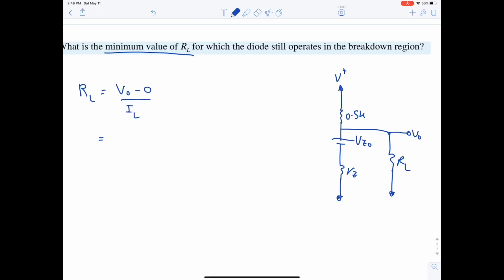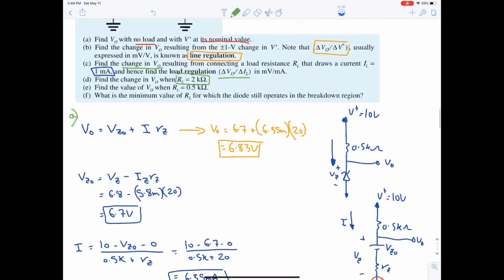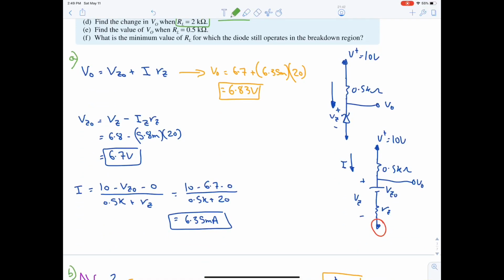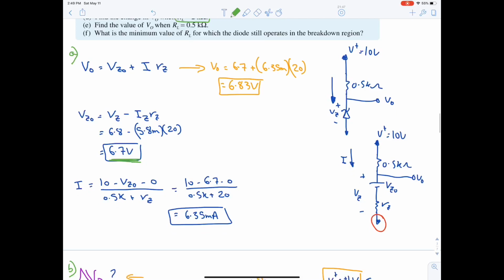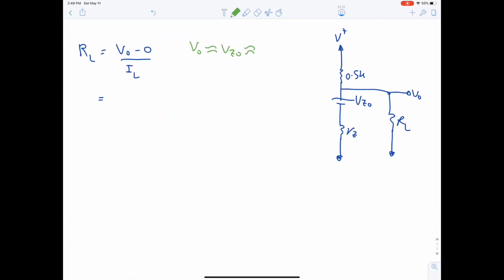We need to find the minimum V naught. Minimum V naught is approximated as VZ naught, which in part A was 6.7. So VZ naught is equal to 6.7 volt. What we are left with is IL.